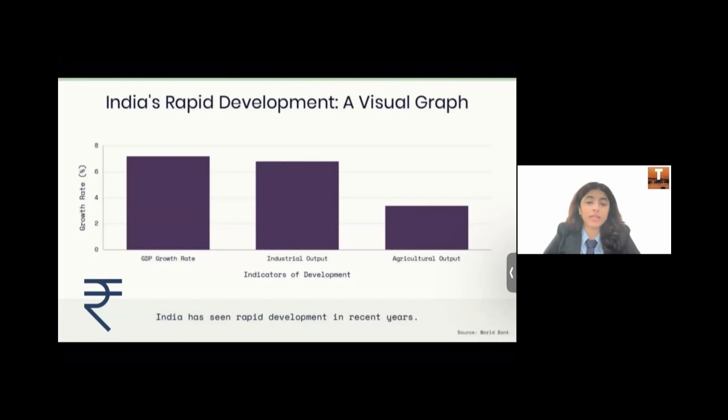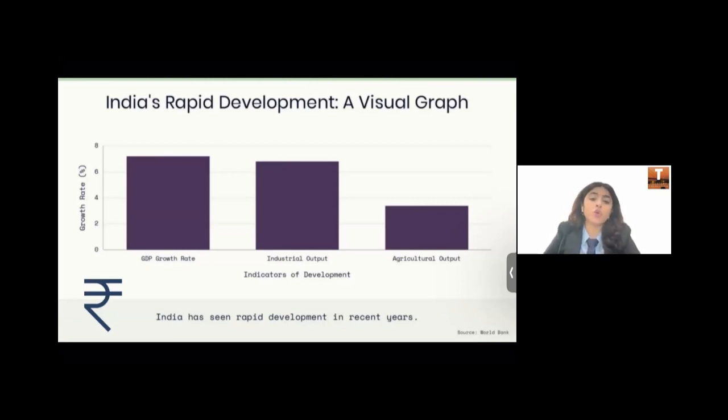So we have initiatives like Jan Dhan Yojana, the financial inclusion, and Swachh Bharat Abhiyan, the cleanliness campaign, Ayushman Bharat, the universal health coverage. So these initiatives have aimed to uplift marginalized sections of the society and to improve the living standards and ensure equitable development.